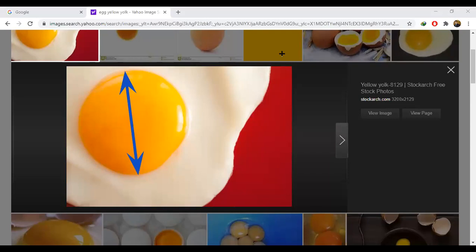The ones in the birds. The ostrich one will be larger. The ostrich egg is the largest egg.